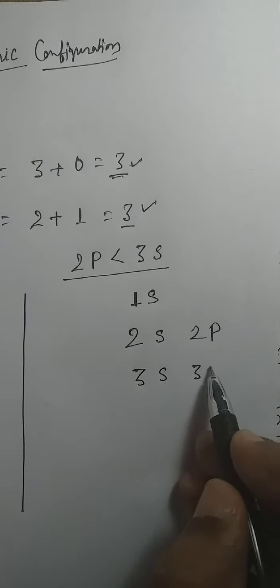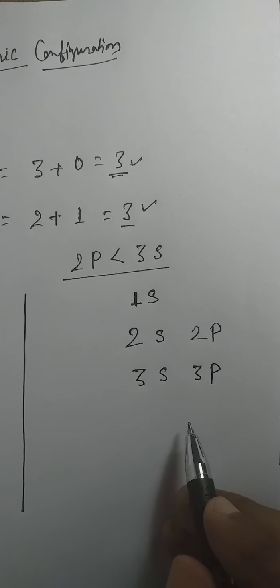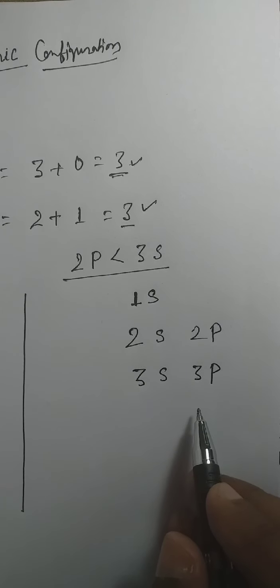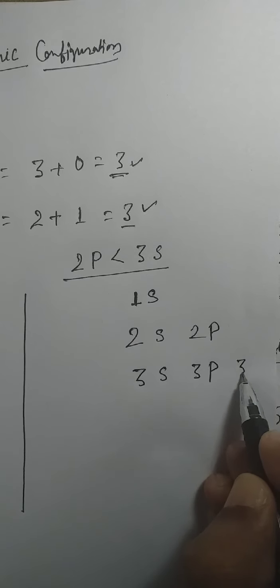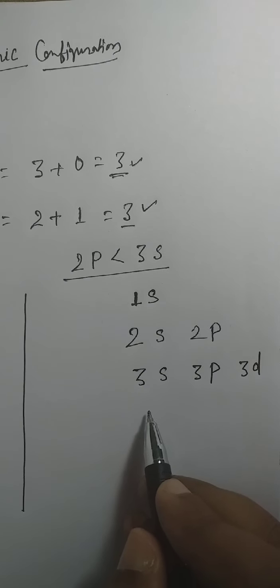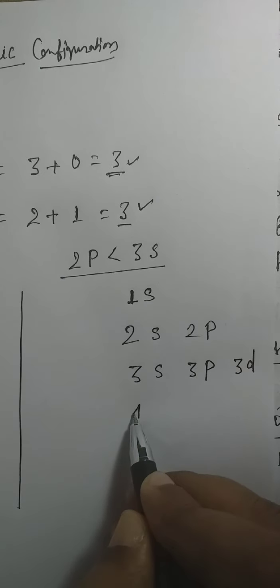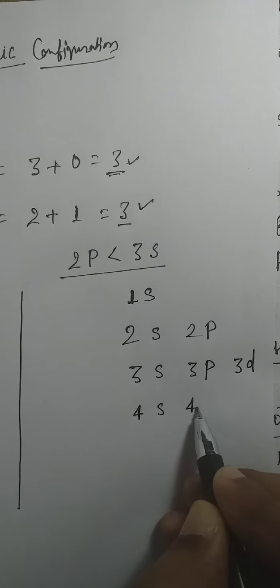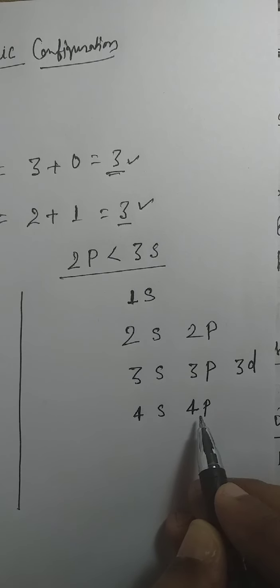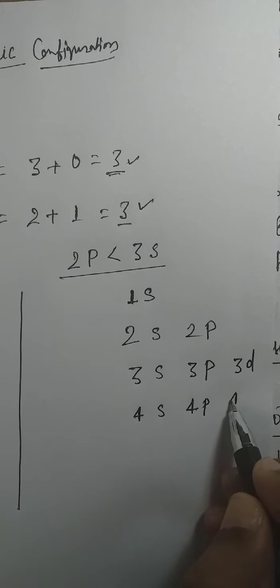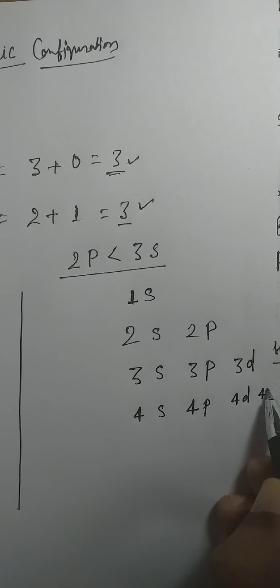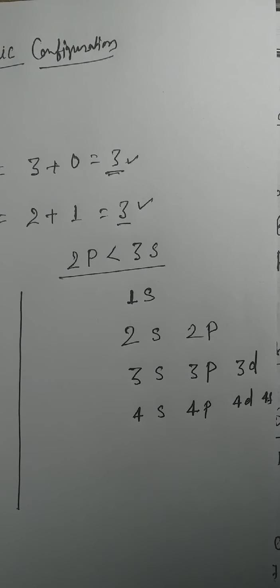This is the increasing energy order as we write it. Then 3d, next 4s, 4p, 4d, and finally 4f. Like this we have to use the idea.